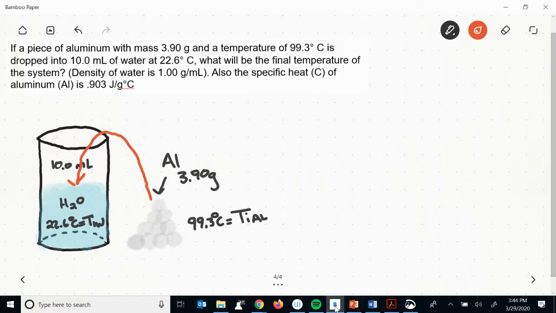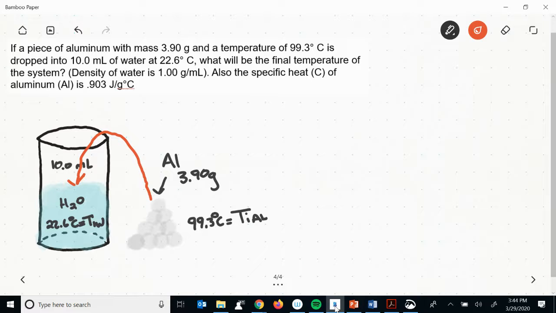Number one is that it's clear that the water will heat up, right? Because you're adding this hot aluminum to it. And it's also clear that the aluminum will cool down because you're putting it into some cool water.